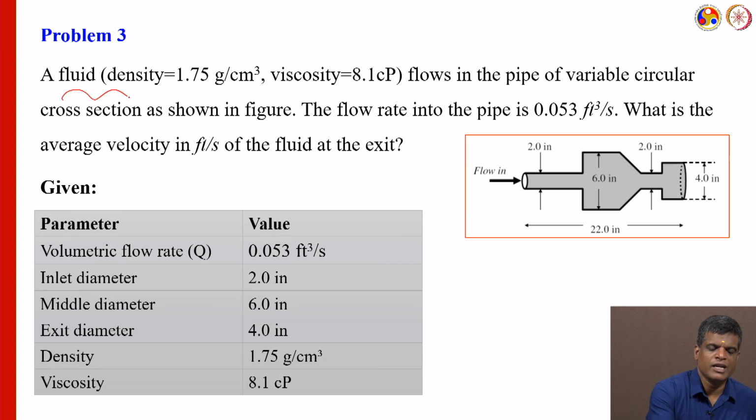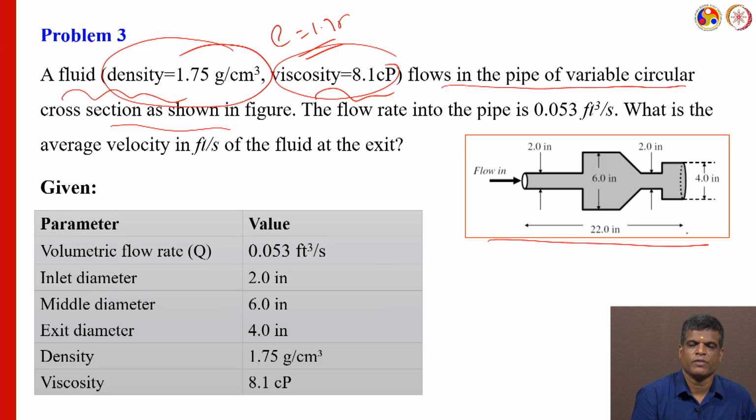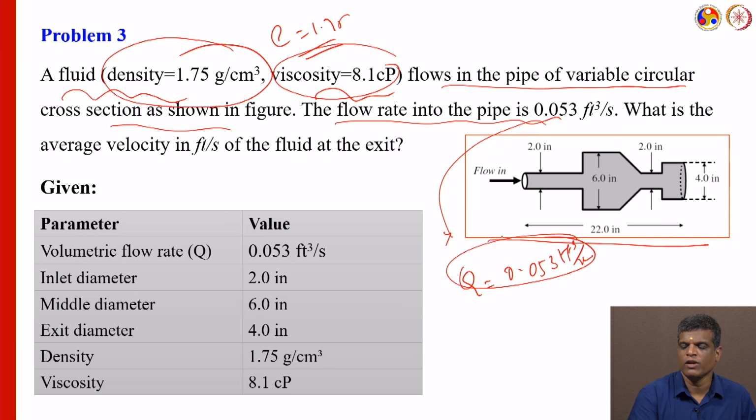Here a fluid has density rho value 1.75 gram per cubic centimeter, then viscosity 8.1 centipoise. It flows in a pipe of variable circular cross section as shown in the figure. The flow rate Q they gave is 0.053 feet cube per second. This is the Q value.